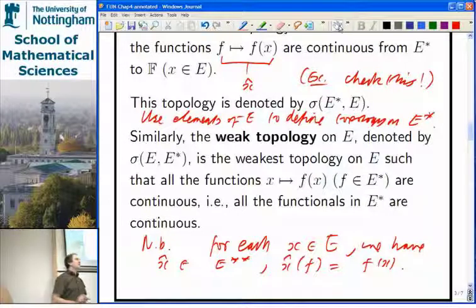Any questions about what we said so far? Okay, so far it's just a topology and it's got a characterization in terms of how you can get it. But when we want to look at the Banach-Alaoglu Theorem, we want to go back into this product space, F to the E, use Tikhonov's theorem, and get a little bit more information on which subsets really are compact in that setting.